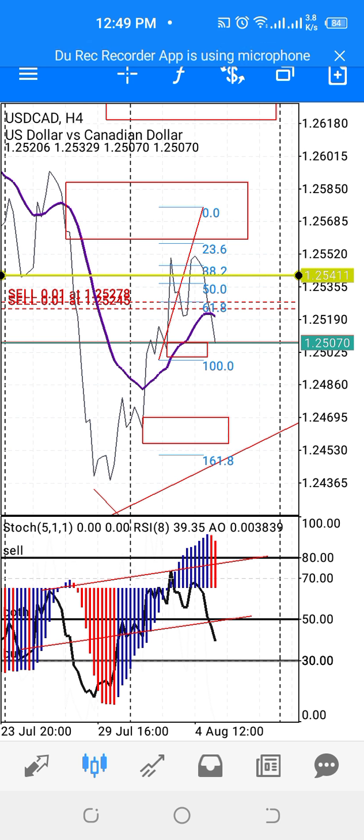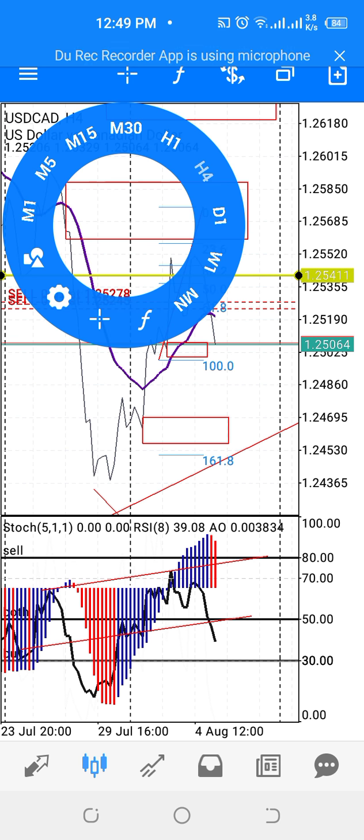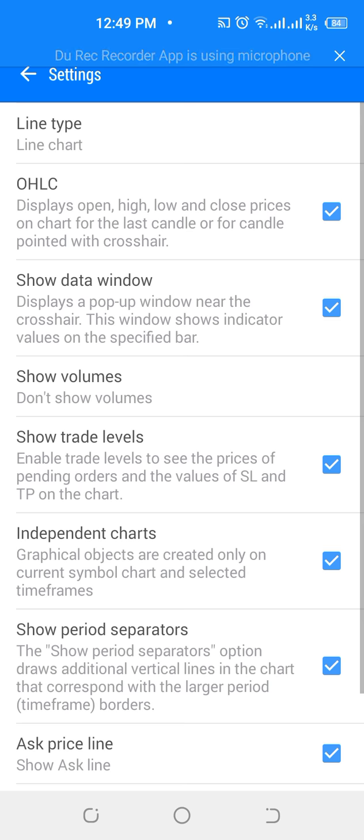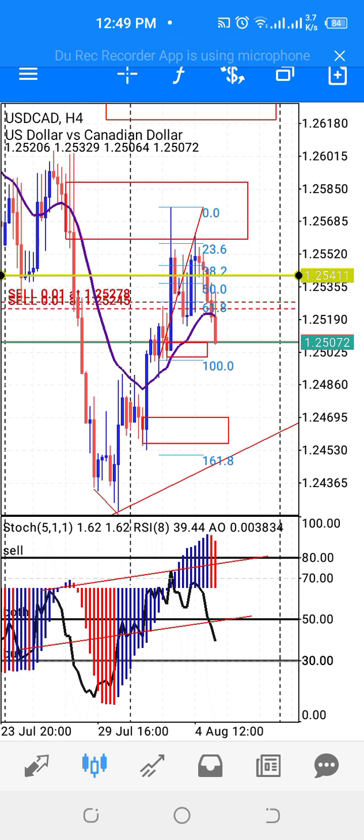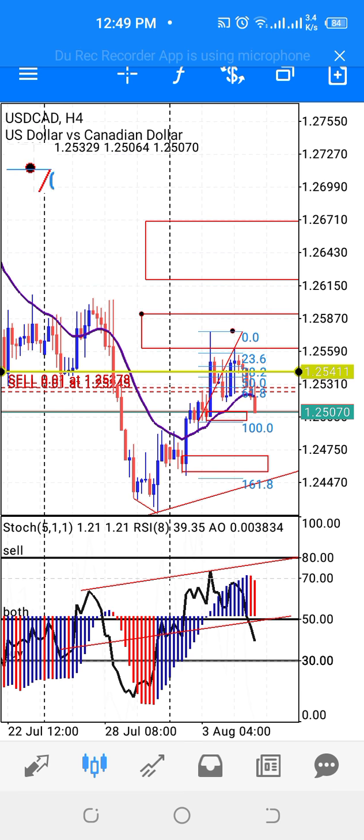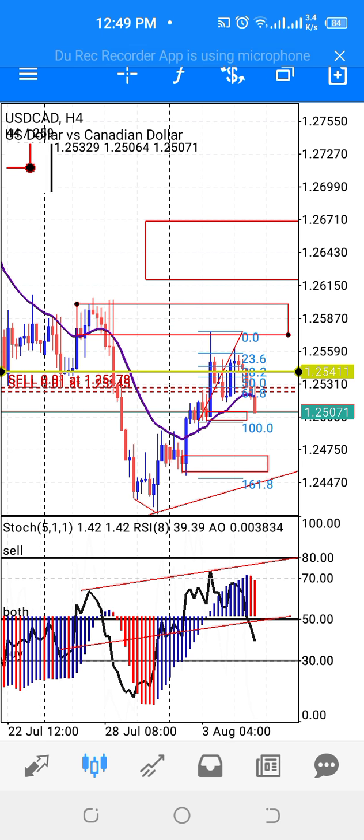At the support, when I look left, I really need to see the supply area. So I'll go back to the candlesticks, and now you can see that on this area is where the supply comes in.